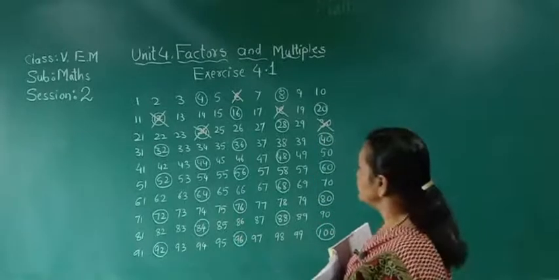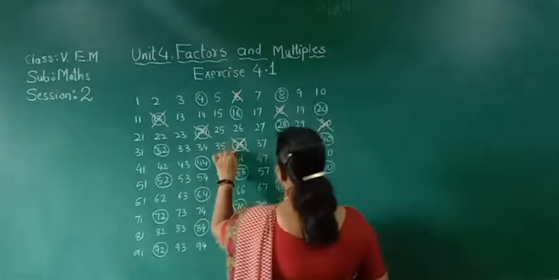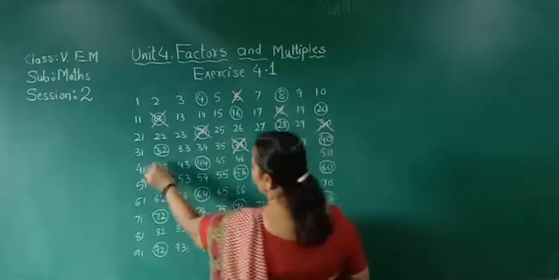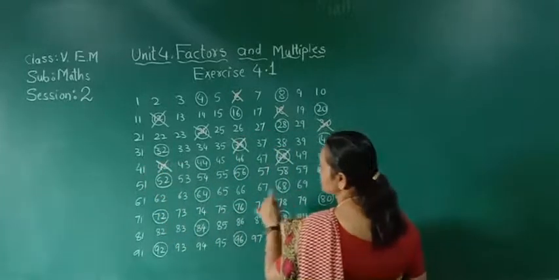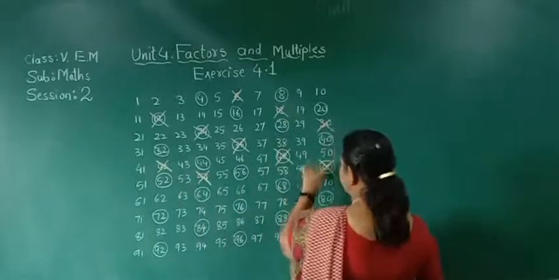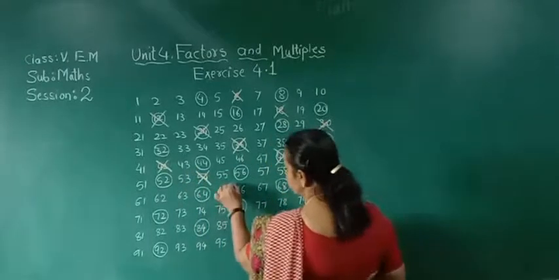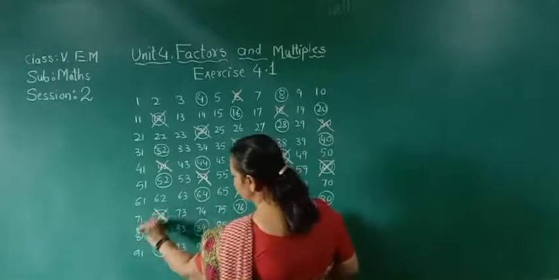Got this? 6 6s are 36, 6 7s are 42, 6 8s are 48, 6 9s are 54, 6 10s are 60, then 11 6s are 66, then 12 6s are 72.